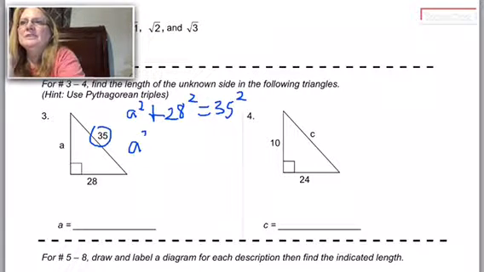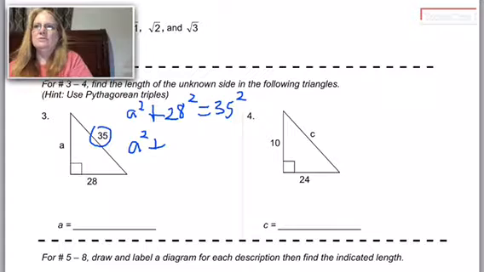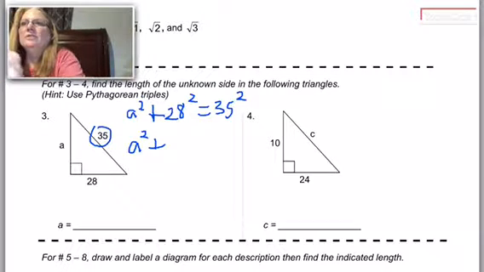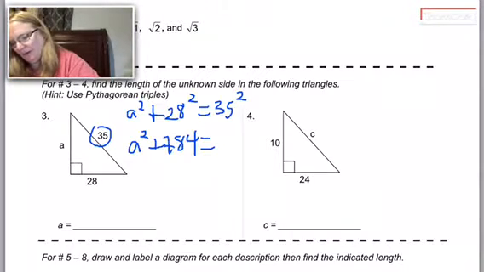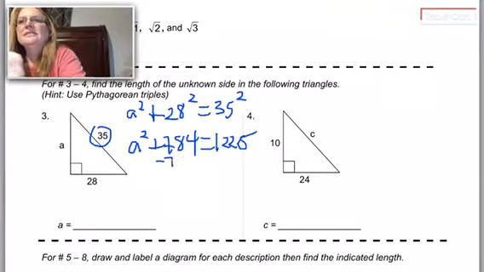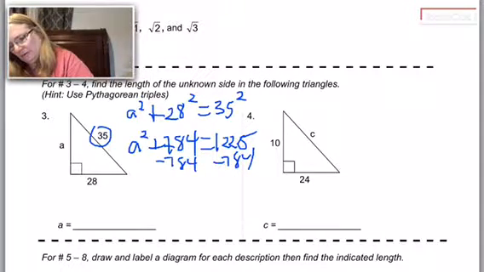So this would be a squared plus 28 squared, which I'm going to have to do in my calculator, is 784. And 35 squared is 1225. So I'm going to subtract 784 from both sides, and I get 441.